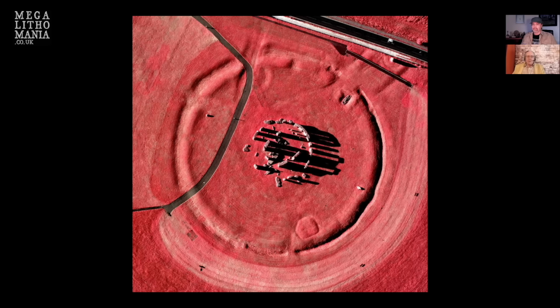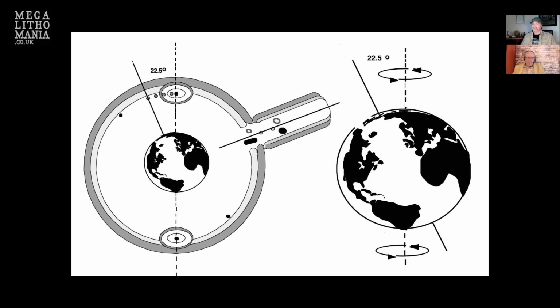So it's marking Stonehenge on the Avebury Earth. If you count up the number of stones that go around that C shape at Avebury, you end up with 26 stones. And if you double that, you get 52, which is the latitude of Stonehenge in Wiltshire.